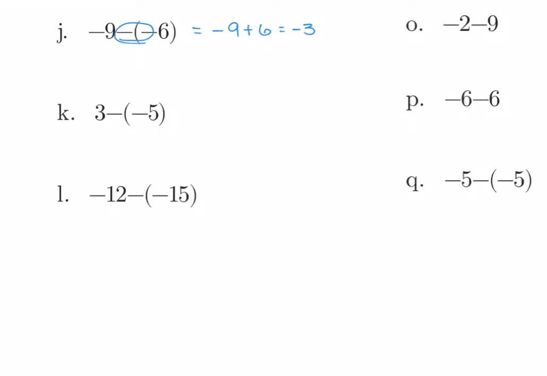Example K. We're going to change our minus and negative to a plus, a positive, and 3 plus 5. We have same signs. We add and keep the sign. Example L. Negative 12 minus negative 15.